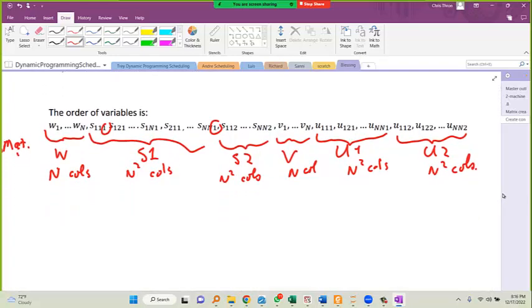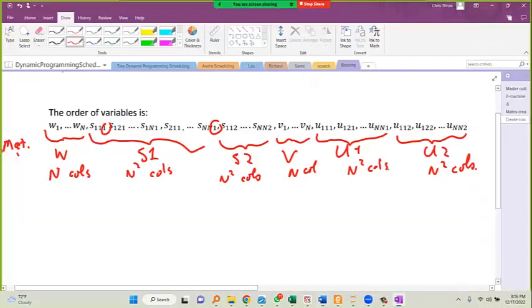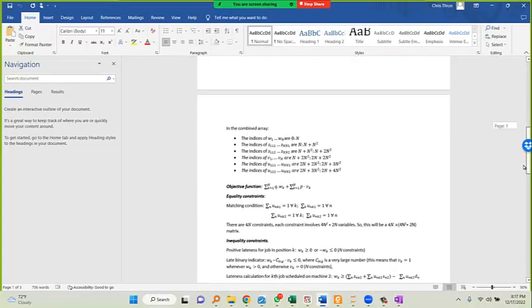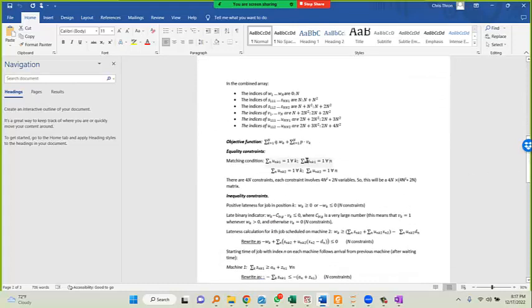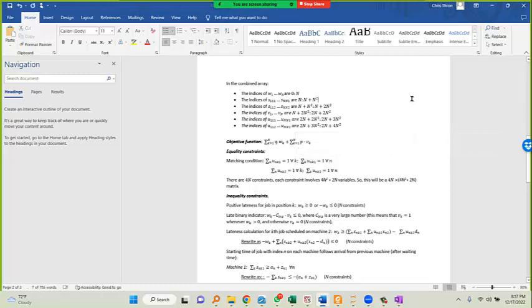All right, so let's look at the first constraint, the first equality constraint. We can pull it from this document. Here's the first equality constraint. It's the very first one, right here. It's not allowing me to select what I want.